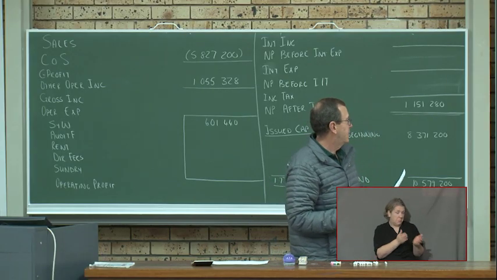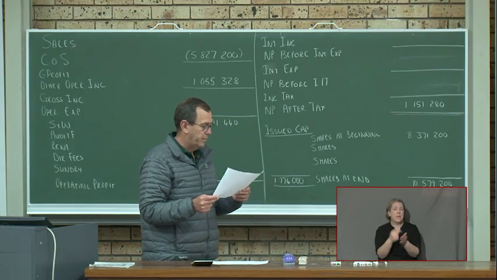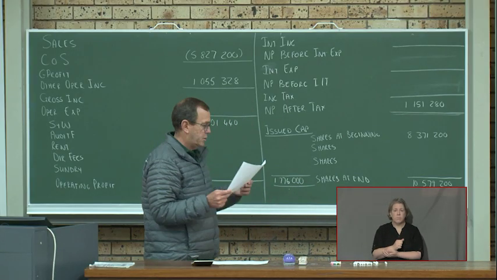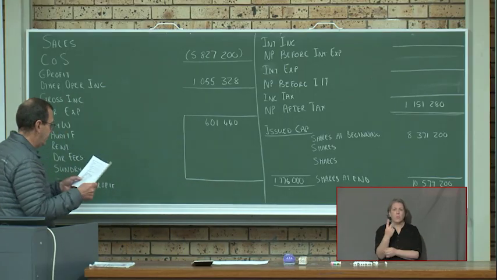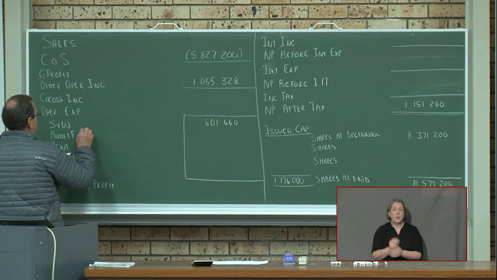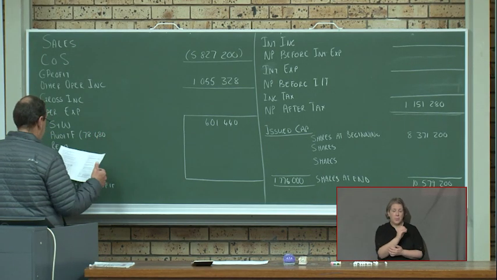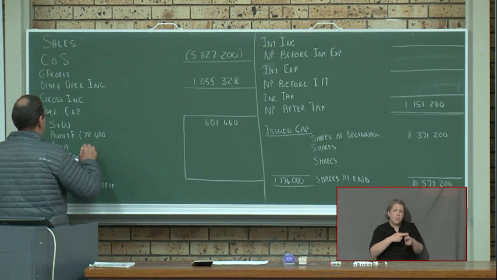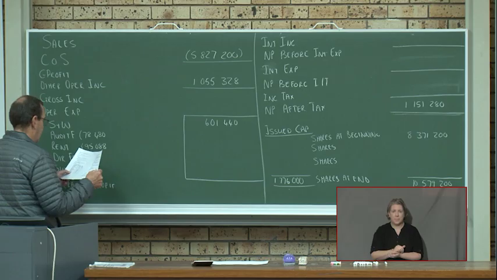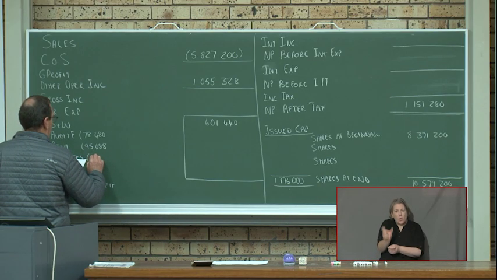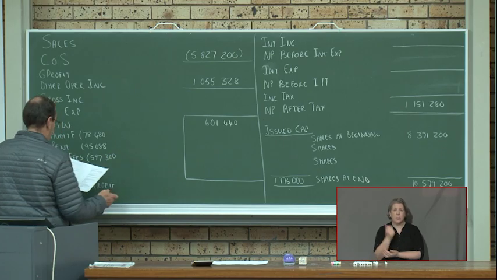Then sales, there's a question mark. Cost of sales, they filled in 5827. Operating income they gave us 1055. Salaries and wages 601,440, it was filled in. Audit fees 78,480. Rent expense 95,088. Directors fees 597,360.